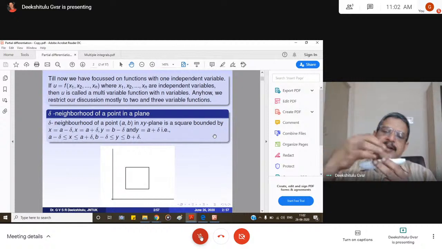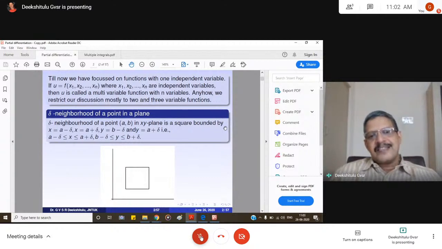At any point, if you find the velocity, it may be changing from this point to this point. As you go around, velocity may change. So at this point it depends on x, y, z, and at this point also x, y, z. So that is also a function of three independent variables.